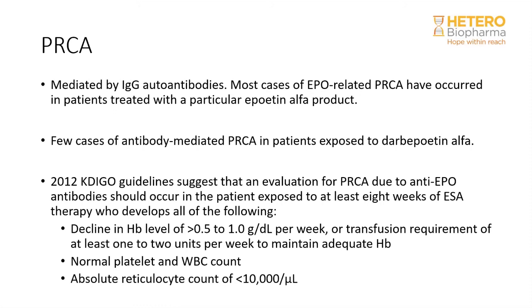You start suspecting, okay, this patient may be having a pure red cell aplasia. He has a normal platelet and a normal WBC count. And most importantly, he has a low retic count. As against other causes, such as ongoing hemorrhage, where the retic counts are usually high, in pure red cell aplasia the retic count is usually low. That's what we need to make sure of when we are evaluating.